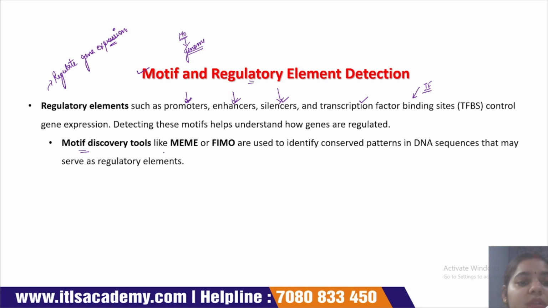Motif discovery tools like MEME or FIMO are used to identify conserved patterns in DNA sequences that may serve as regulatory elements. These are the bioinformatic tools that are used to identify conserved patterns in DNA sequences.